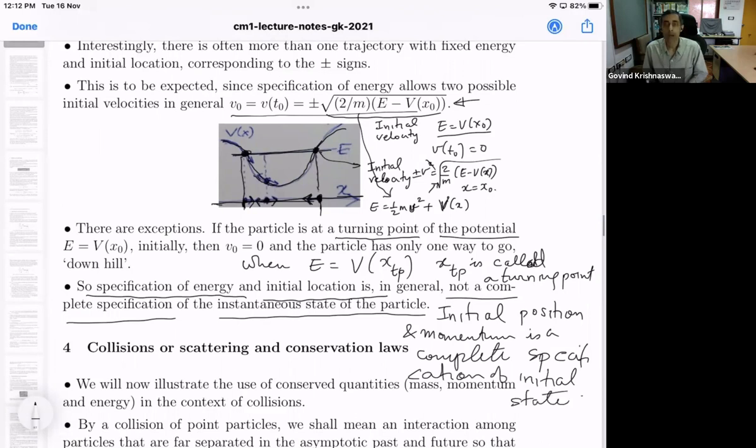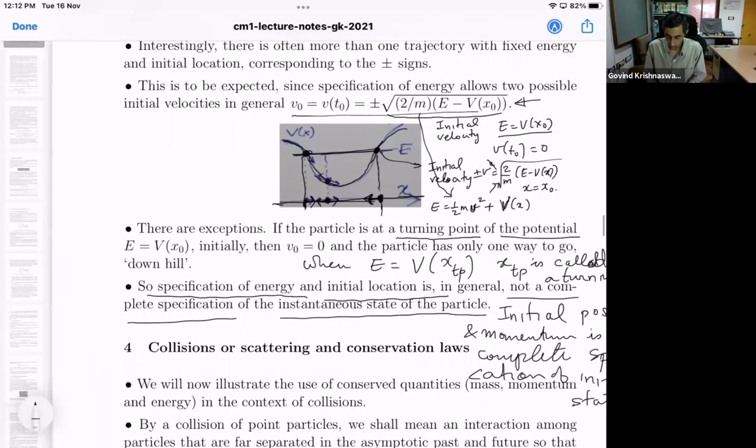Let me emphasize again that knowledge of the initial state allows you to solve Newton's equation and deduce the future evolution of the system. So knowledge of initial state is just what you need.